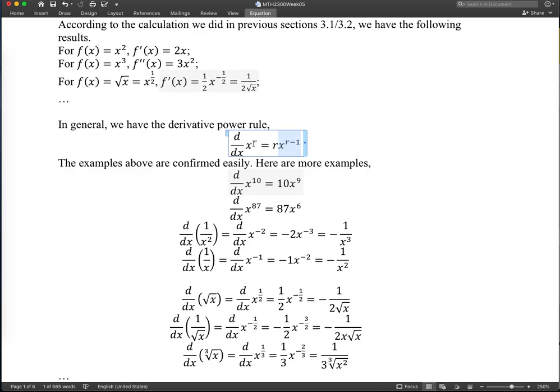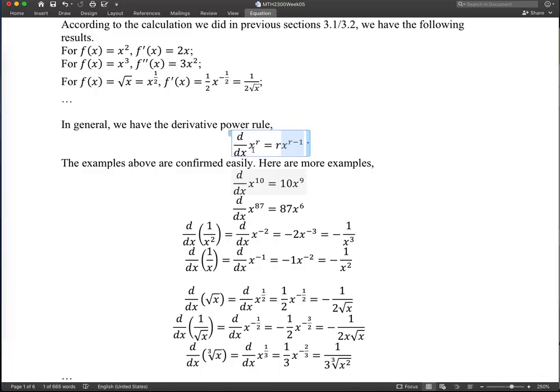Okay. So I hope you see this really does match those very simple examples, right? We bring down this 2, and 2 decreased by 1 gives 2x. Bring down this 3, decreased by 1 is 2, that's 3x squared. Also keep in mind the power rule is indeed very powerful, and it works for integer powers and rational powers.